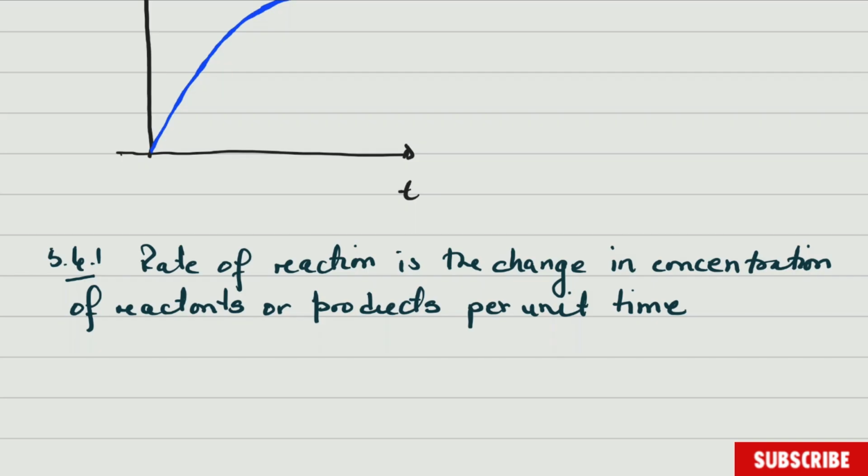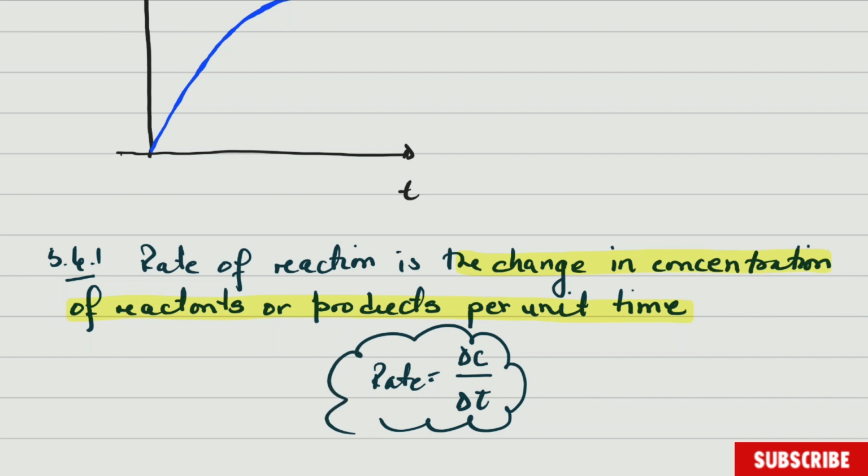Okay, so what is rate of reaction? Is the change in concentration of reactant or products per unit time. Rate is equal to the change in concentration of reactant or product per unit time. This one is the formula for rate and is for the definition.